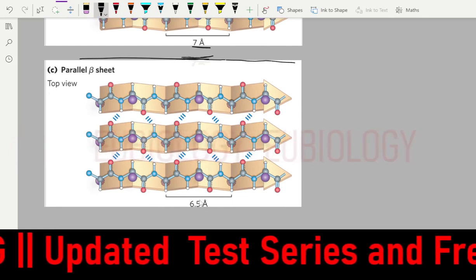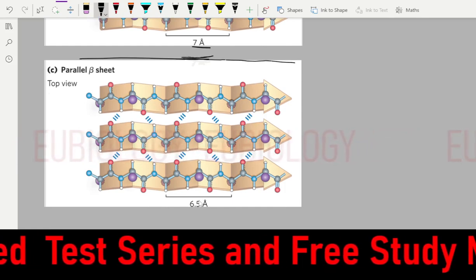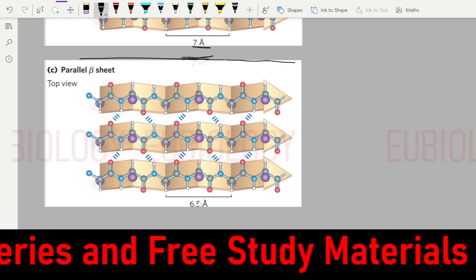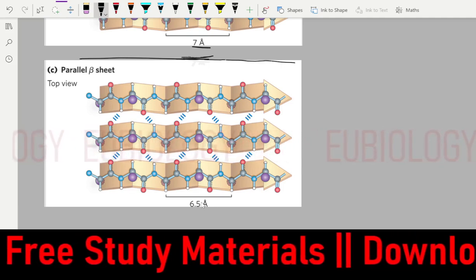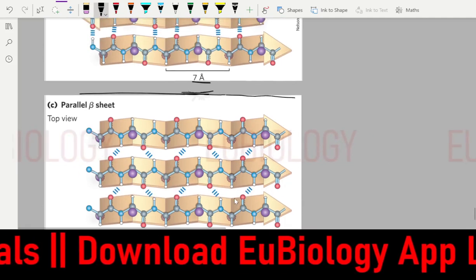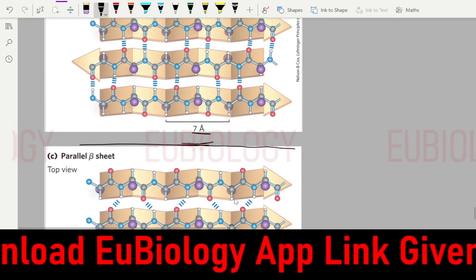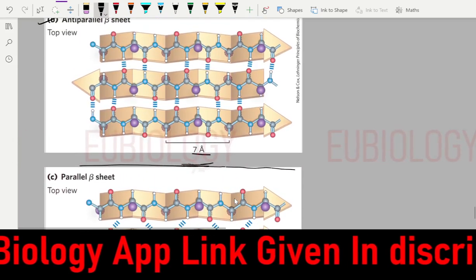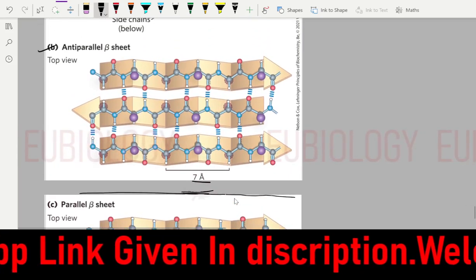So what do you think, which will be more stable? Is the parallel beta sheet more stable, or the anti-parallel beta sheet? Please give me a comment and tell me the reason why you choose parallel or anti-parallel, whichever is more present in nature.